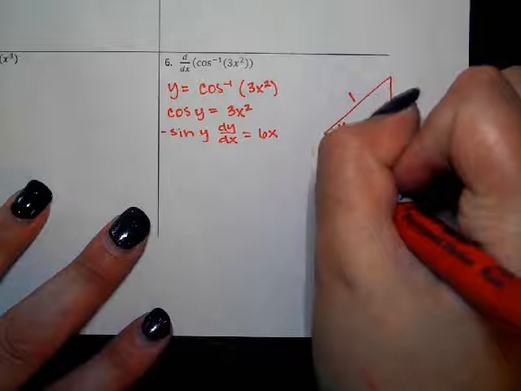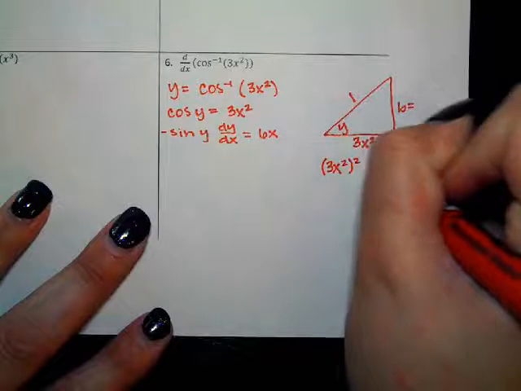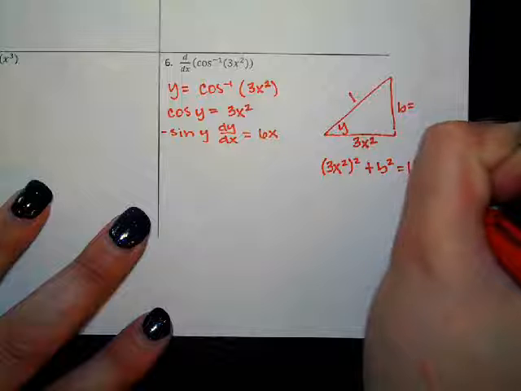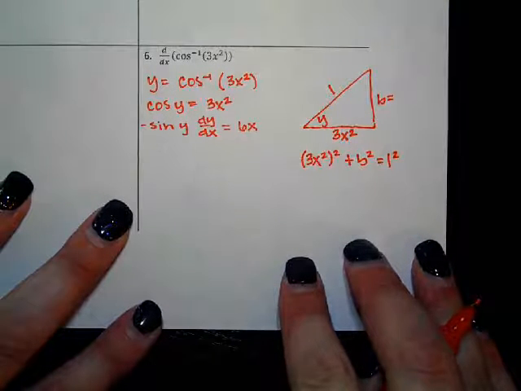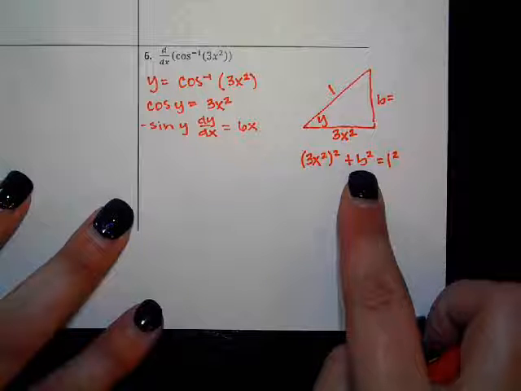So I've got A squared plus B squared equals C squared. And I'm solving for the third side.